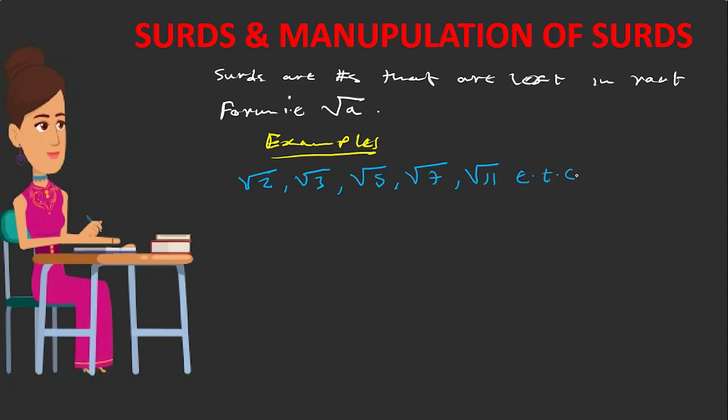So surds are just numbers which are left in root form. The reason these numbers are left in root form is that we just want to have the exact value. Remember, according to our title, we are saying surds and manipulation of surds.